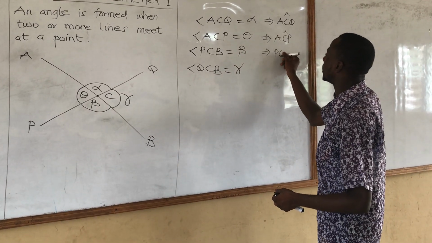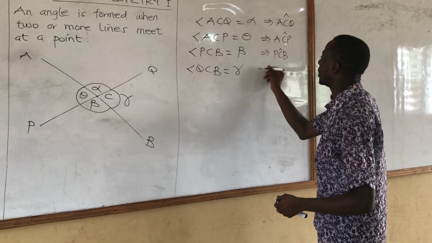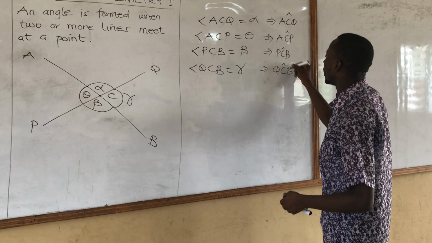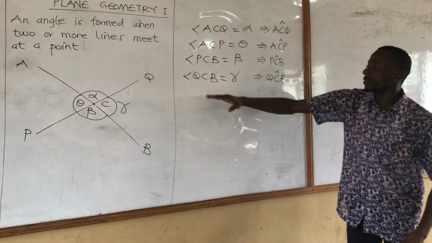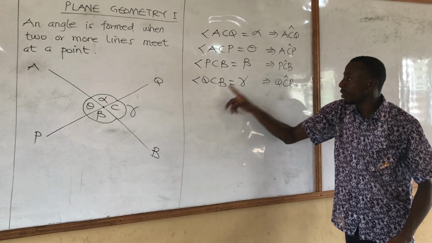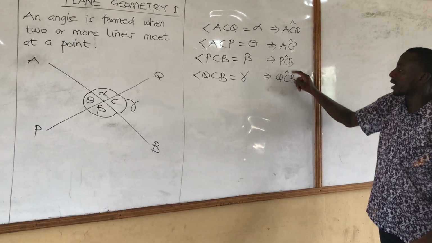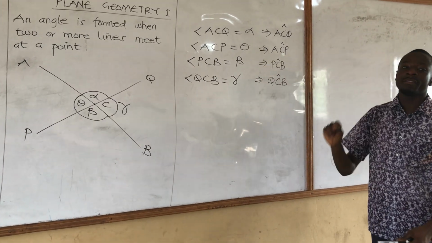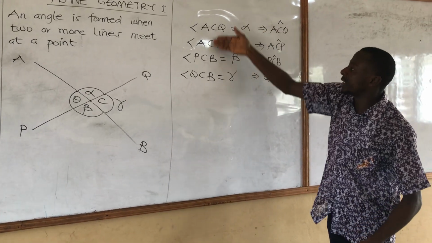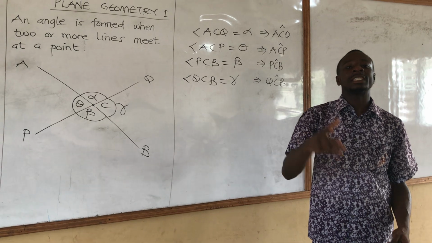We have PCB also like this, and we also have QCB like this. This means the middle variable is always where the angle is formed.